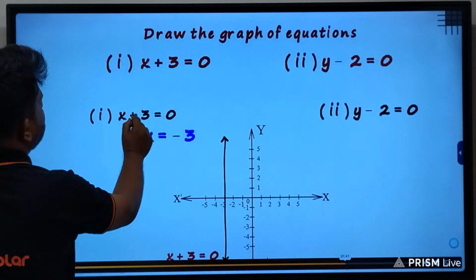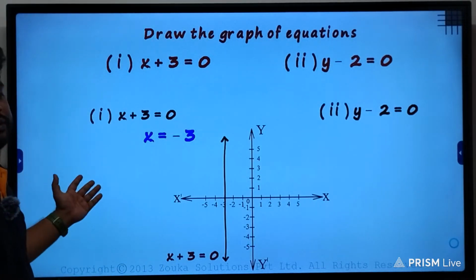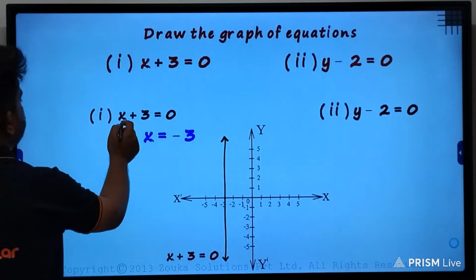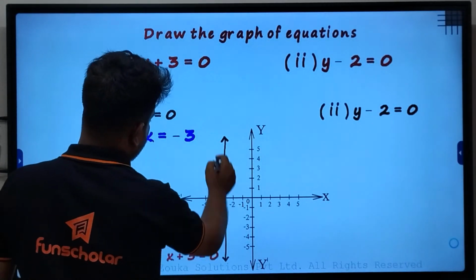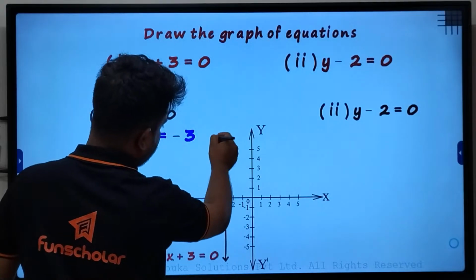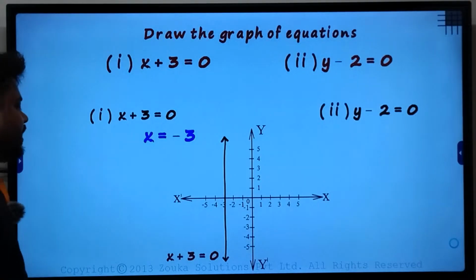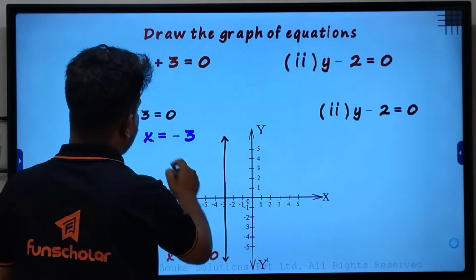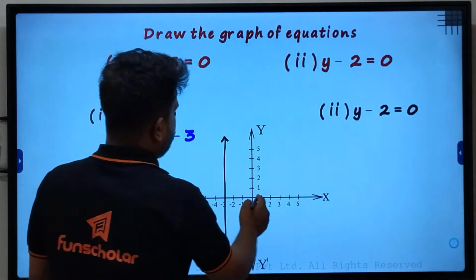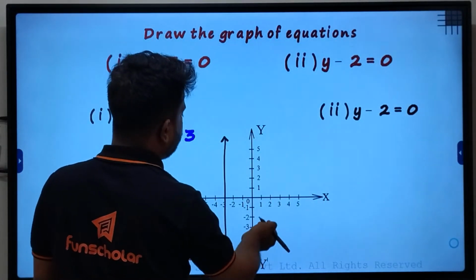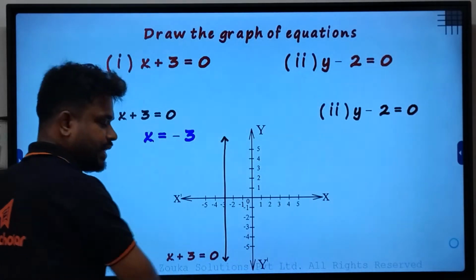Just like x plus 3 equals 0, this is a linear equation in one variable, and from this we can say that the value of x will be minus 3. Minus 3 can be plotted here, and we can draw a line which will be parallel to the y axis. The equation of this line will be x equals minus 3. Similarly, y equals 2 will be the equation here, and this one will be parallel to the x axis.